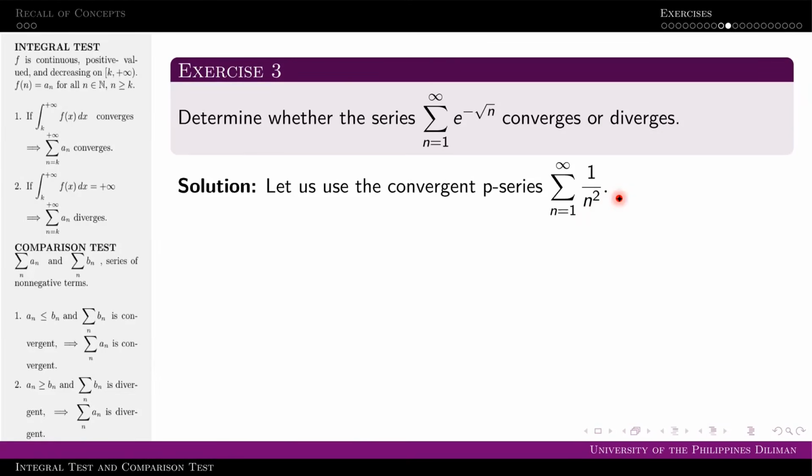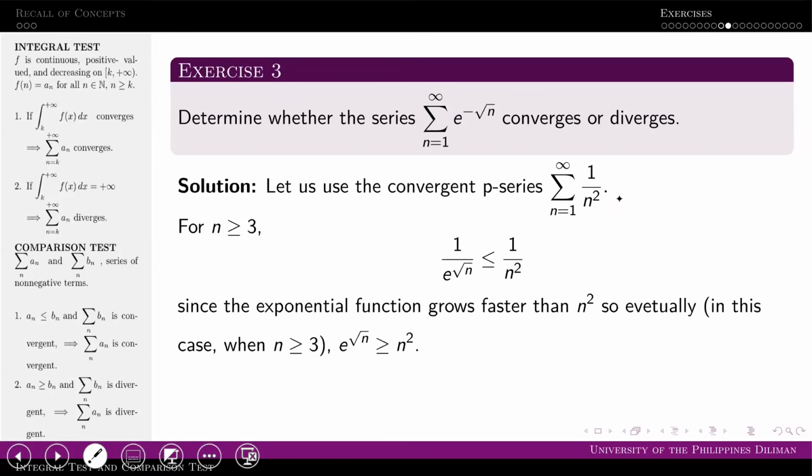In fact, mafe-feel mong magwo-work to kasi previously we arrived at an inequality which gives us a series na mas malaki, no? So kung convergent yung series na yon, magko-converge din siya. Same thing applies, no? Pero this time, si n is greater than or equal to 3. Mangyayari to at mangyayari na si e to the square root of n is greater than or equal to n squared kasi mas mabilis lumaki to.